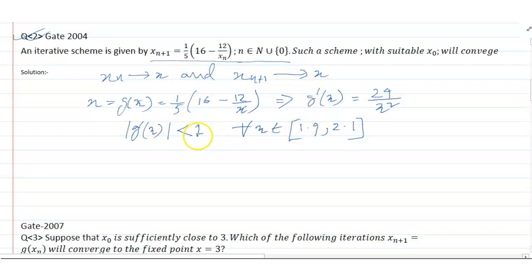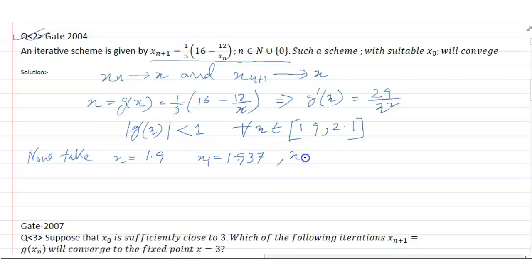You can see that g dash x is less than 1. Take x equal to 1.9, so my value x1 equals 1.937.